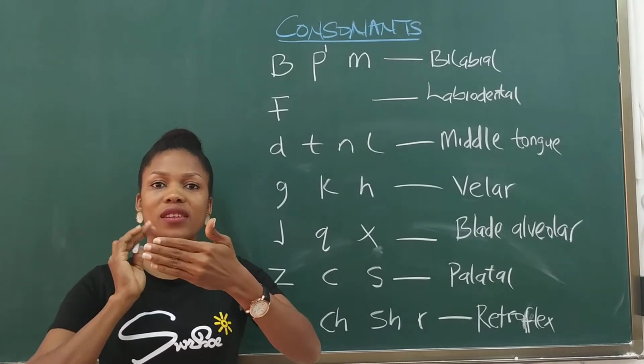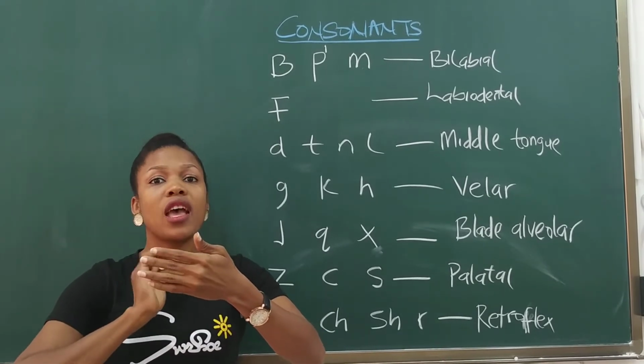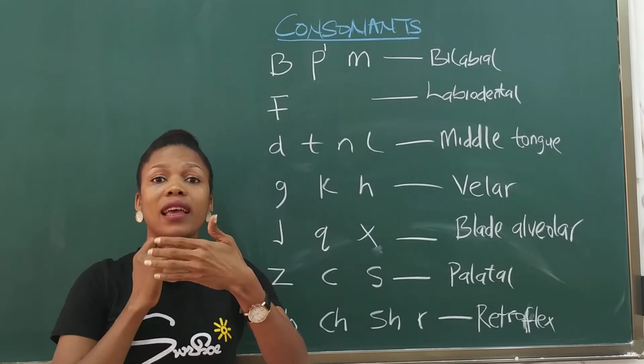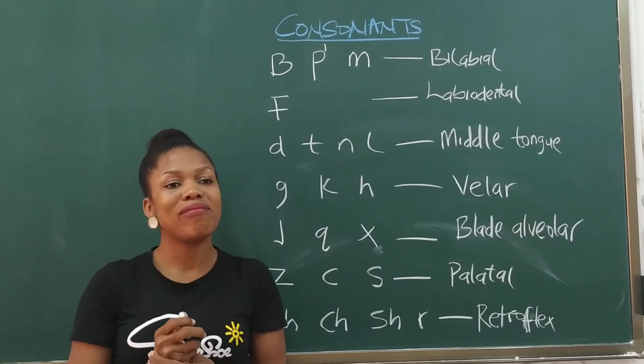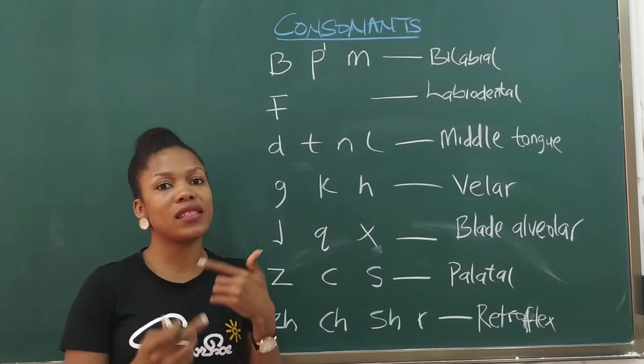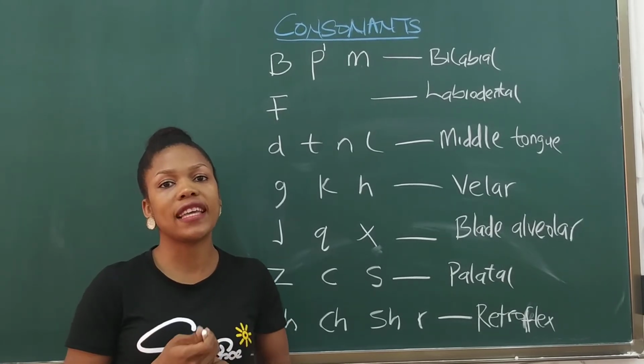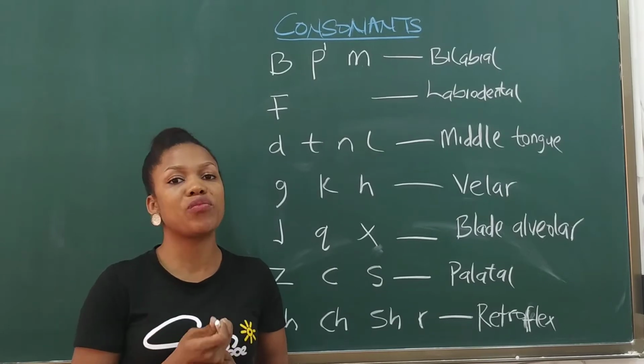Pa. Once you pronounce it, the strong air will come out. So if the strong air comes out, that means you pronounced it correctly. But if not, please try to pronounce it maybe several times to get the correct pronunciation.